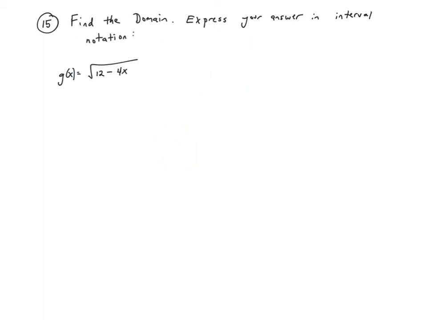Number 15, find the domain. Express your answer in interval notation. g of x is equal to the square root of 12 minus 4x. There is one major restriction that we should notice. 12 minus 4x, the number underneath the radical, cannot be negative.